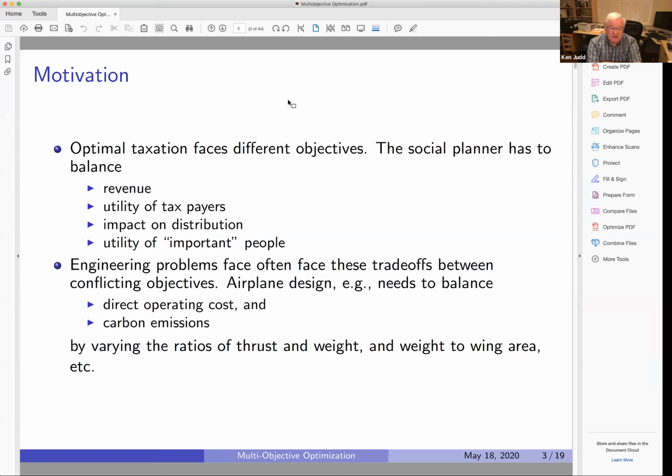Now, the planner has to take into consideration the revenue of the taxes, the utility of the taxpayers, their happiness. He may also care about the impact on distribution. Now, he may also care about the utility of particular important people. Like, for example, that certainly was a feature of the CARES Act, that important people got lots of money.